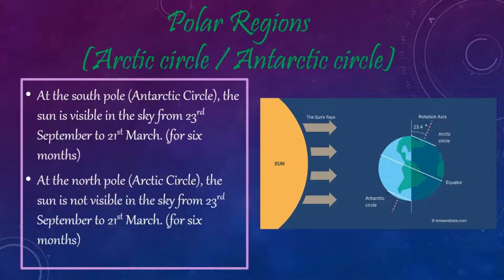That means from 23rd September to 21st March, the Antarctic Circle, that is South Pole, will only experience daytime, and the Arctic Circle, that is the North Pole, will only experience nighttime during this period.